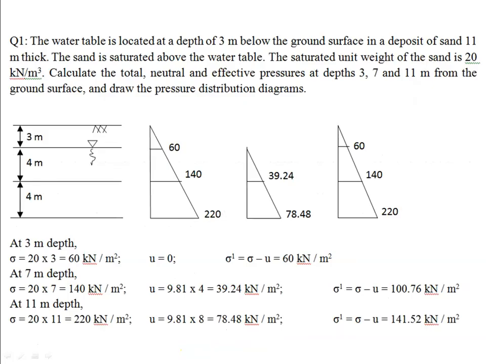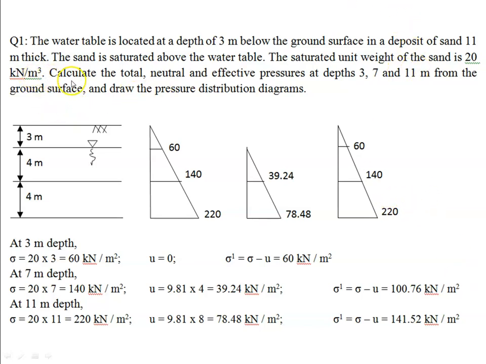Now let us see some numericals on stresses in soil. First one is: the water table is located at a depth of 3 meter below the ground surface in a deposit of sand 11 meter thick. The sand is saturated above the water table. The saturated unit weight of the sand is 20 kilonewton per meter cube.